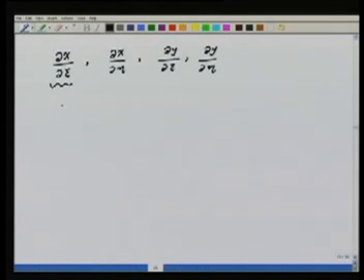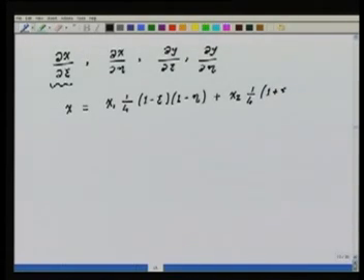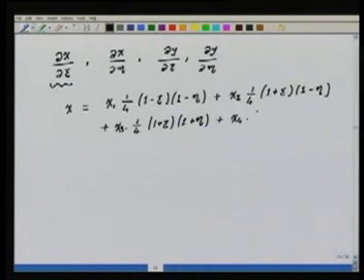If I write it, x will be equal to x1 into 1/4 of (1 minus ξ) into (1 minus η), plus x2 into 1/4 of (1 plus ξ) into (1 minus η), plus x3 into 1/4 of (1 plus ξ) into (1 plus η), plus x4 into 1/4 of (1 minus ξ) into (1 plus η). y is also written similarly in terms of the y's.